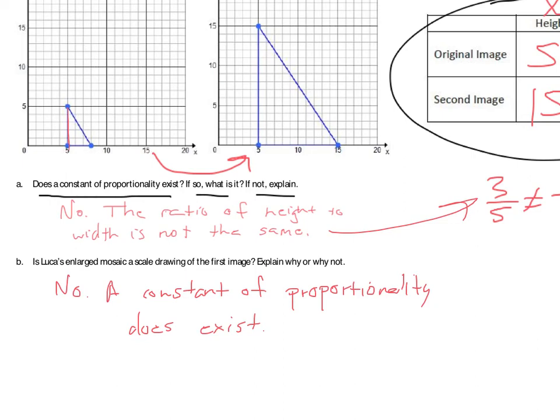Okay, so length and width must have a constant of proportionality, the same ratio of lengths and widths, if they're going to work out. All right, so go ahead and move on to your independent problem.